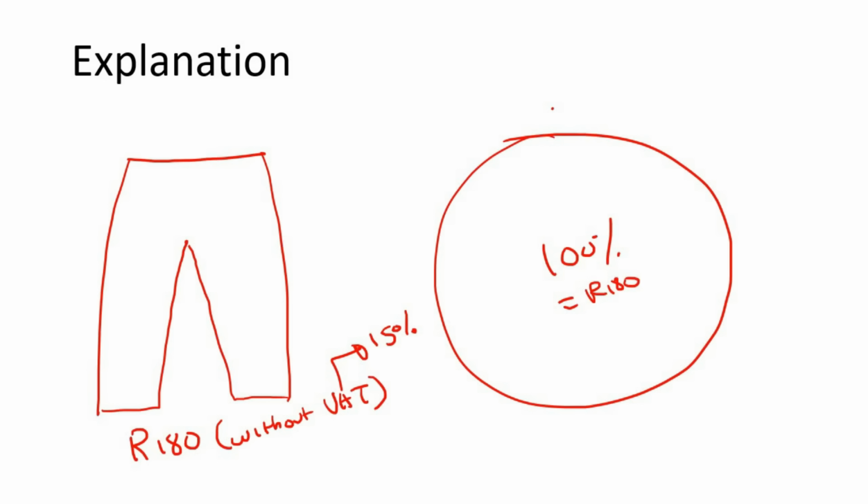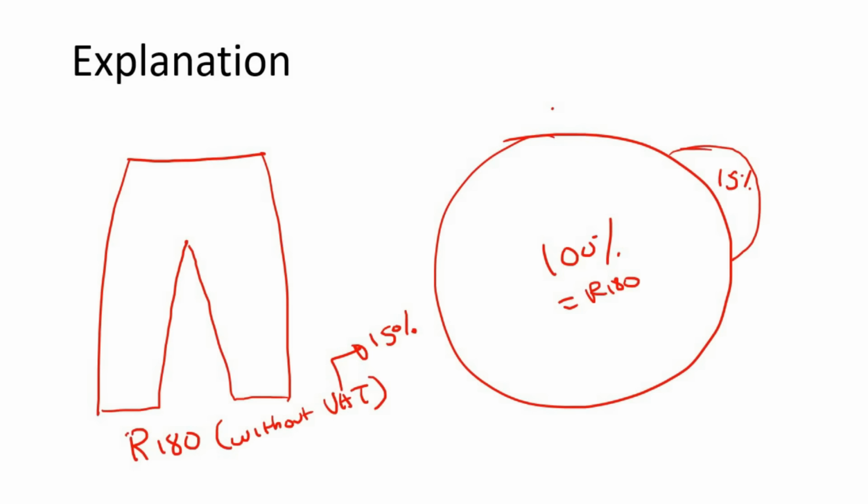Okay. If you add VAT, because remember when you go to the shop and you pay for it, you're going to be paying the VAT as well. So they're going to add VAT onto this. So if they add VAT, that means that this percentage, we're going to add on a little. You can even imagine we add a little piece more to the price. We're adding on another 15%.